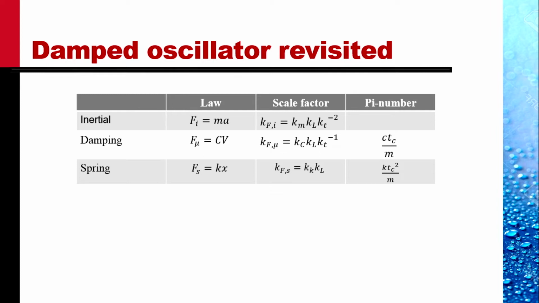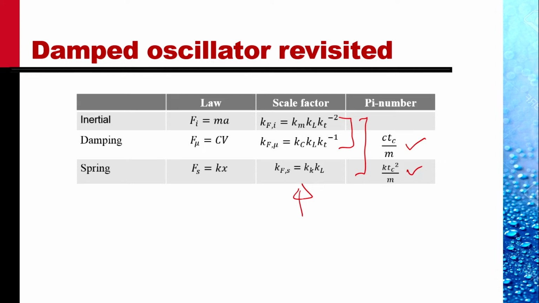We can convert these laws into scale factor relations like here. And then by equating the scale factors of these two forces, we can get this as a pi number. And by equating inertial and spring forces, we could get this as the pi number.